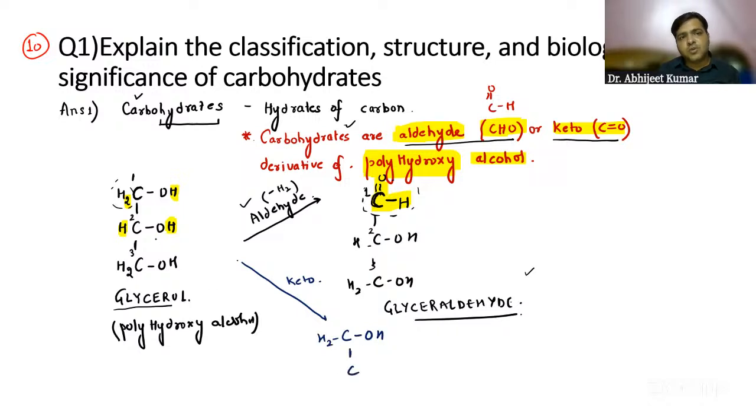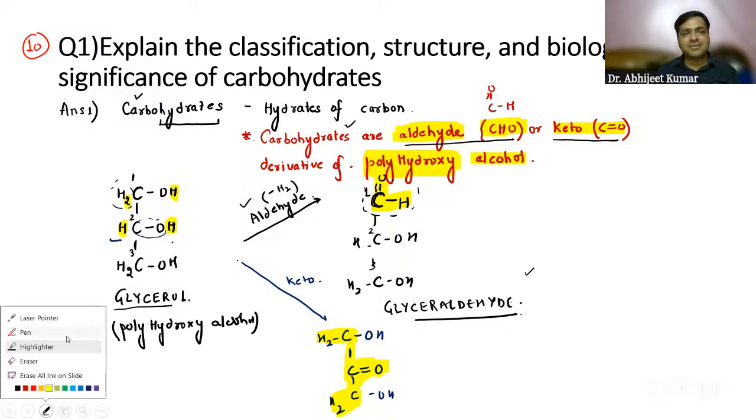The second carbon will be left with only oxygen, and just to fulfill the valency of the carbon, we make a double bond O, because two hydrogens are already removed. And we have the third carbon. If I highlight this particular portion, this structure is of acetone. CH2, C double bond O, CH2, it is called acetone.